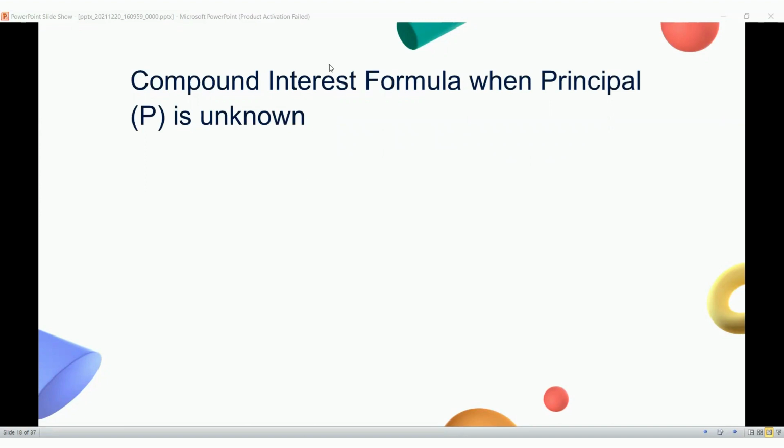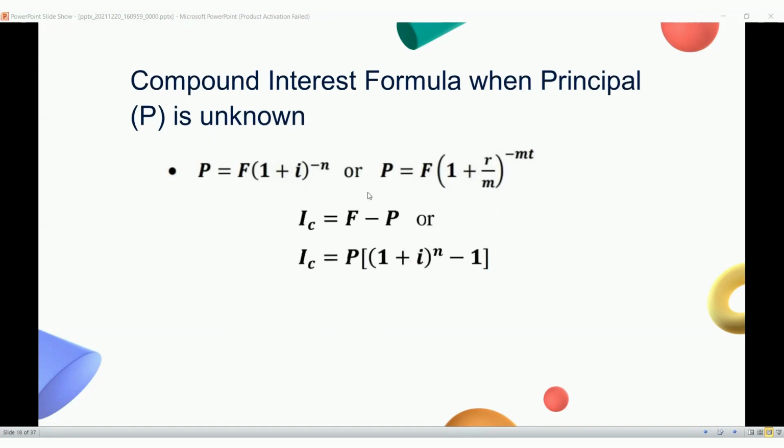So ito yung compound interest formula when principal or P is unknown. P is equals to F times 1 plus I raised to negative N. Nagkapalit na yung position ng P and F, tapos naging negative ang N. Or P is equals to F times 1 plus R over M raised to negative MT. Isa pa tong way para makuha yung compound interest: F minus P, kapag given yung F and P mo.